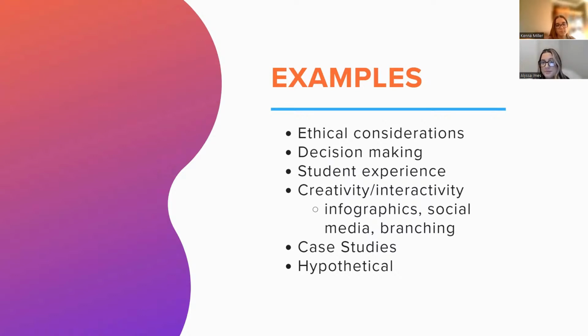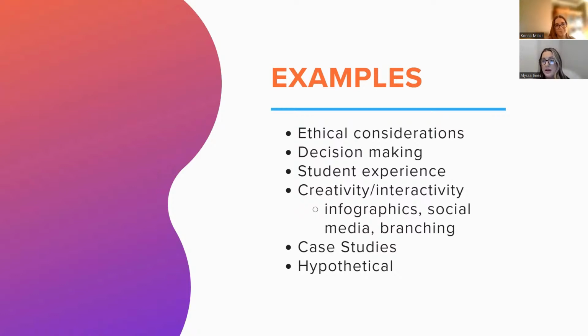So you can also ask questions that allow students to be a little more vulnerable, and the students will be able to take the route of being vulnerable or being a little bit more vague depending on the situation and how they feel.